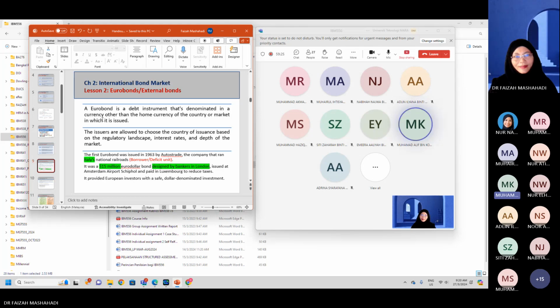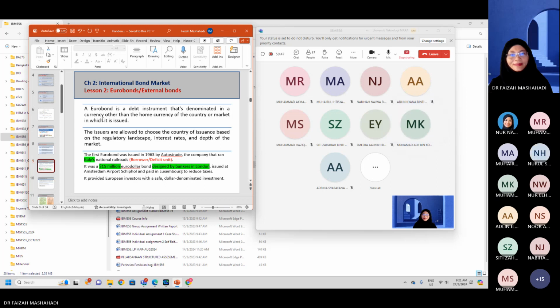A long-term debt instrument denominated in the home country currency of the country or market in which it's issued. No, can you please just give an illustration if Proton issues an international bond?